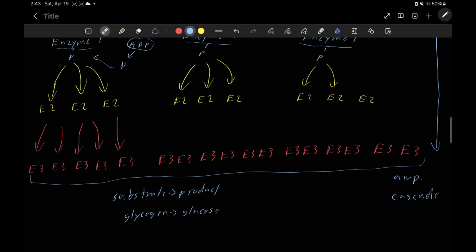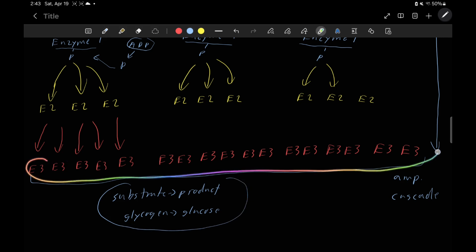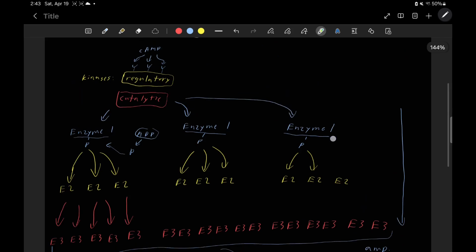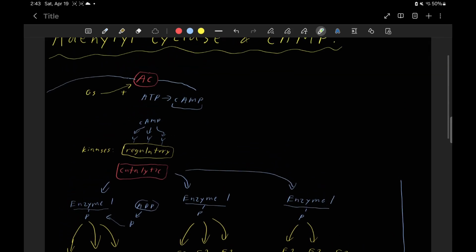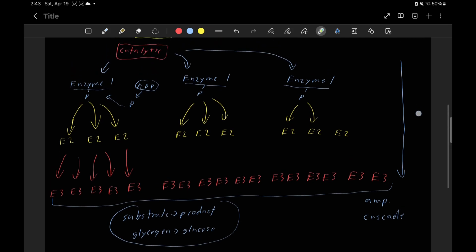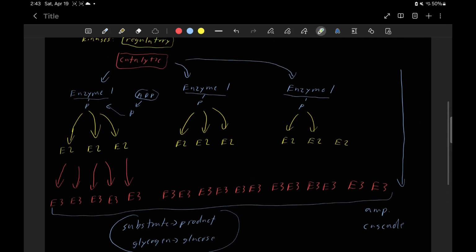Whatever your final desired response is, now you have this whole huge bank of enzymes working to produce this final response. So the cool thing is you've basically converted one original signal into this huge response through this amplification cascade. That's how responses in cells happen.